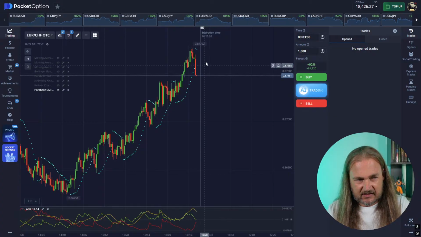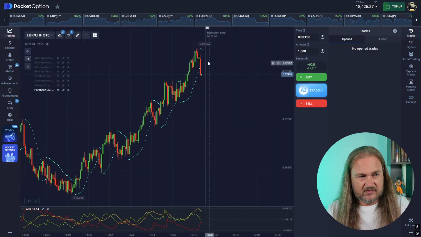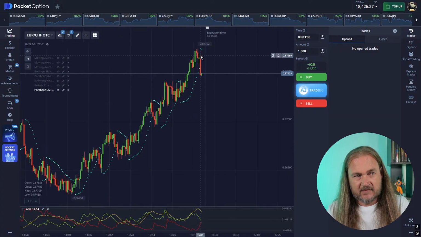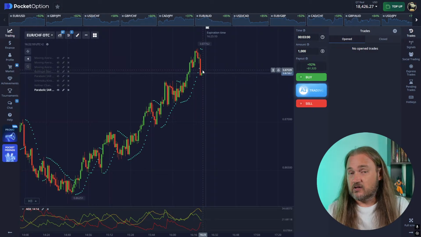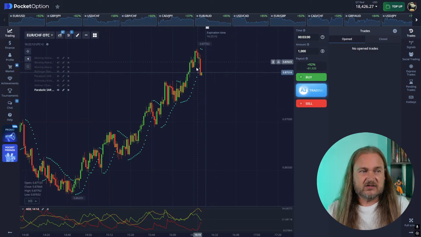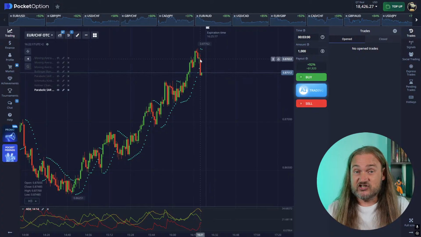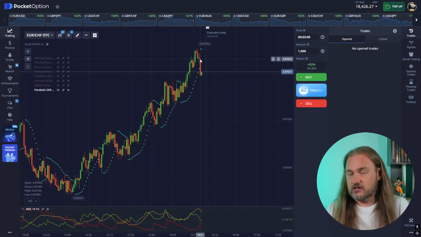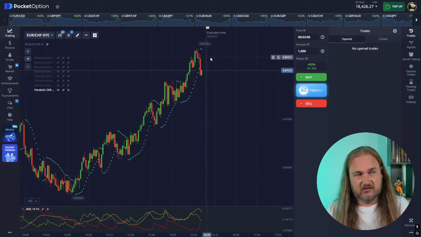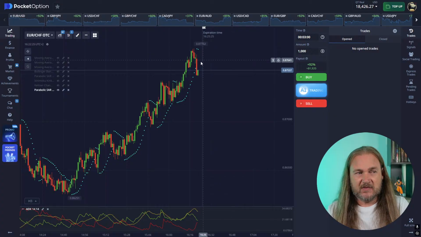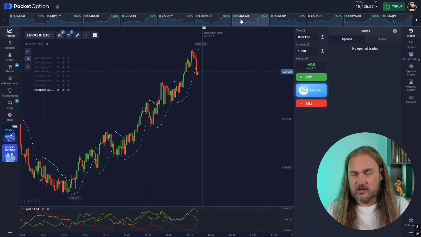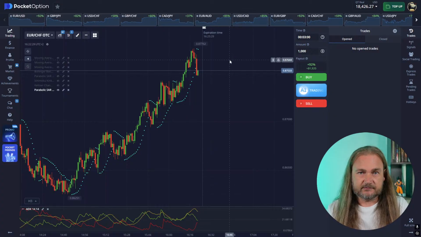We want to see these happen, because if price is pulling back, this could be a reversal for all I know. We don't know if this is going to be the spot where price changes direction and starts going into a bearish trend. We don't know if price is simply going to stay here for the next hour and stay in a range, or whether price is going to continue its way upwards. We don't know this.